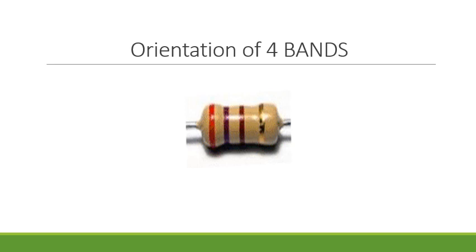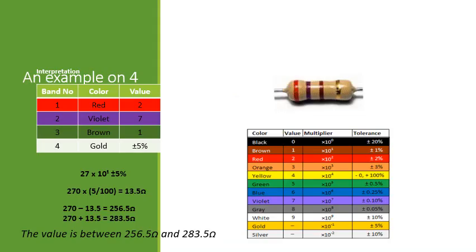And mostly for 4-band resistor, the last colors are mainly gold, silver, so you can also use that to know your orientation. Okay, so now an example on 4-band. How do you know the resistance of a 4-band resistor? So we are going to start now. Okay, remember the orientation. You know how to place your resistor now when you want to read the color code.